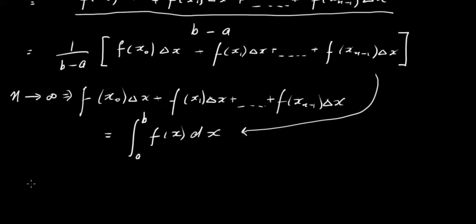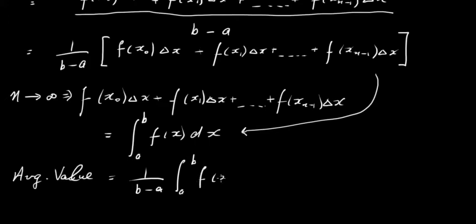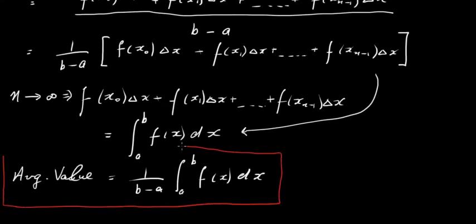So we just end up then with the average value just simply becoming 1 over b minus a times the integral from a to b of our function f of x dx. So this is our final formula here, if you like, for the average value.